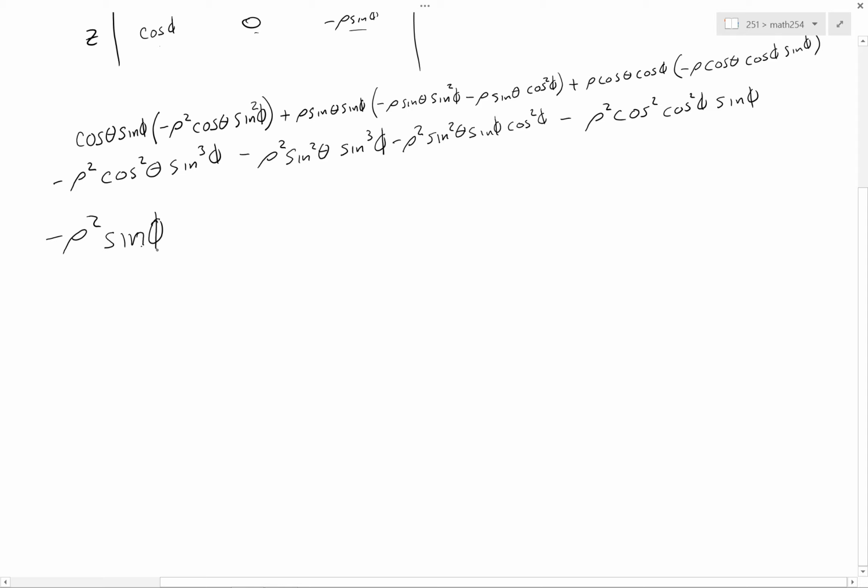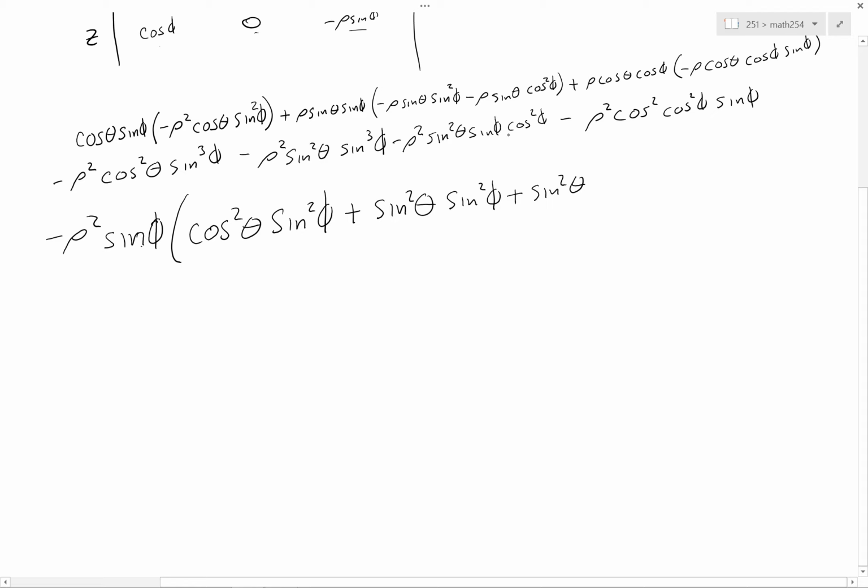And that's it. So that leaves me with cosine squared theta sine squared phi plus sine squared theta sine squared phi, minus, not plus, I mean plus sine squared theta.